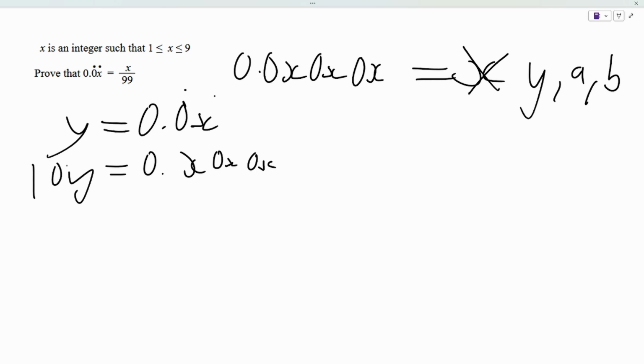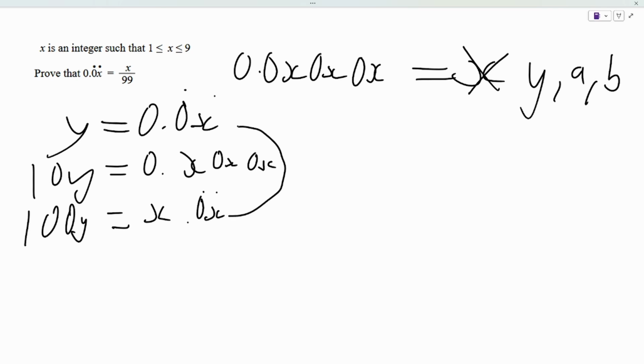If we then took these away, we'd get 9y equals, well, it's not going to be 0. Something. It's not going to be 0.0, which is what we want. We want something 0.0. So let's times it by 10 again. So times the original by 100. So times that by 100 gives us x.0x.